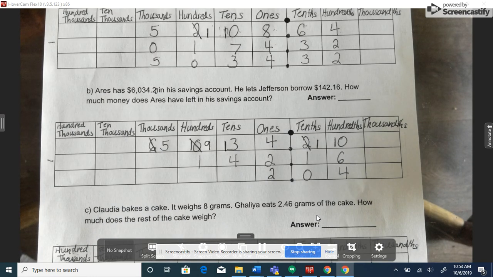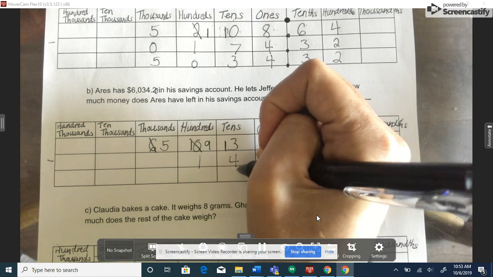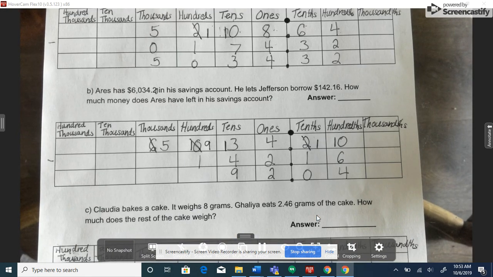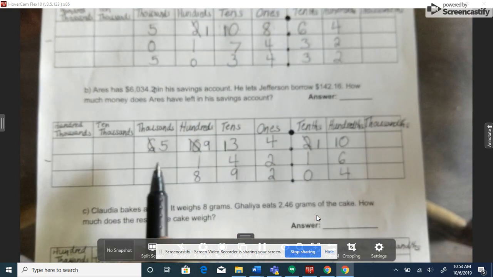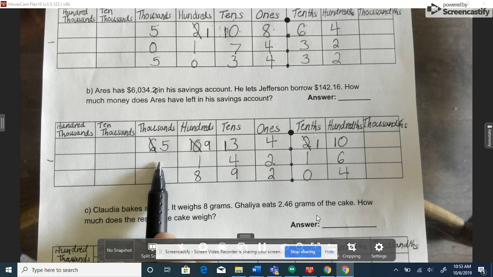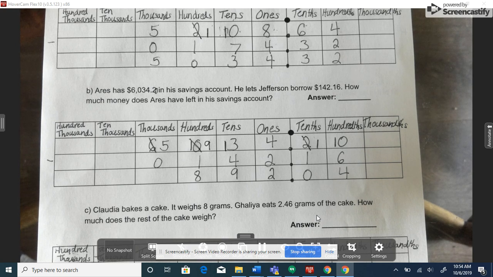What is 13 tens minus 4 tens, Matt? 9. 9 tens, very good. What's 9 hundreds minus 1 hundred? 8. 8 hundreds. And we don't have anything here, but we know if there's no thousands, we can put 0 thousands there. And Matt, what is 5 thousands minus 0 thousands? 5 thousands.